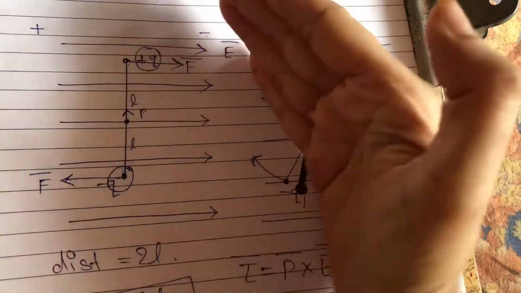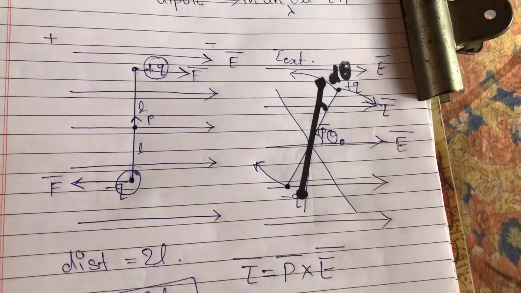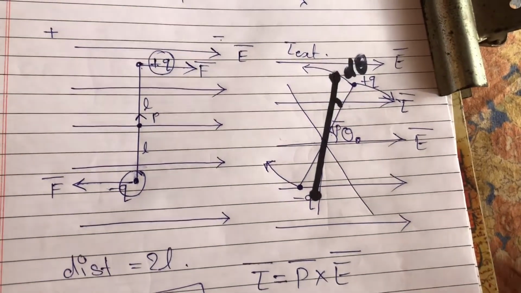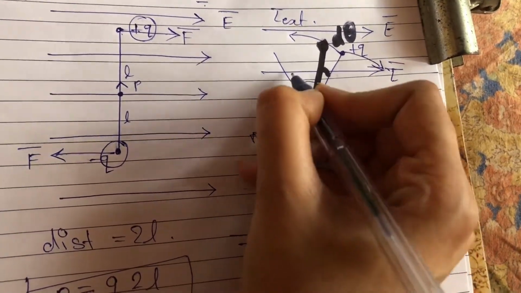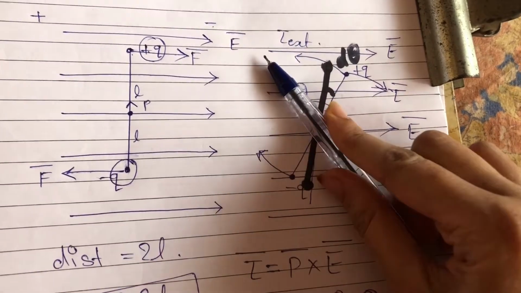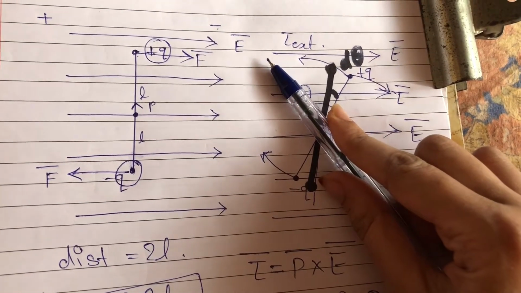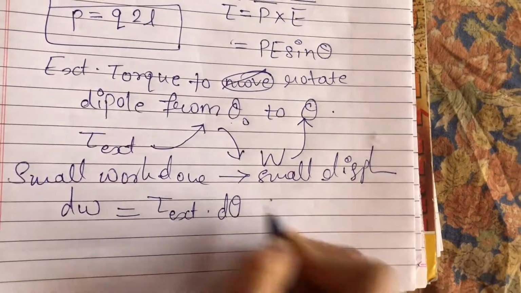Before going from theta naught to theta, we consider the displacement from theta naught to d theta. So the small displacement is d theta.